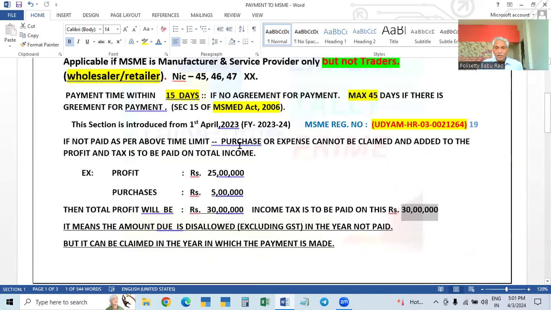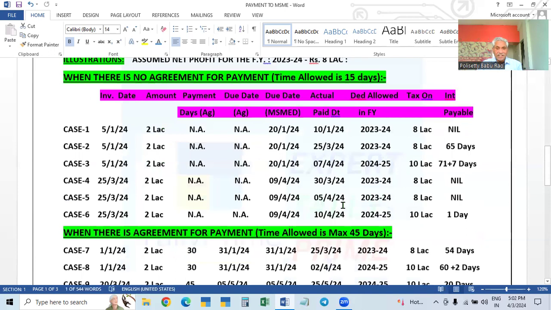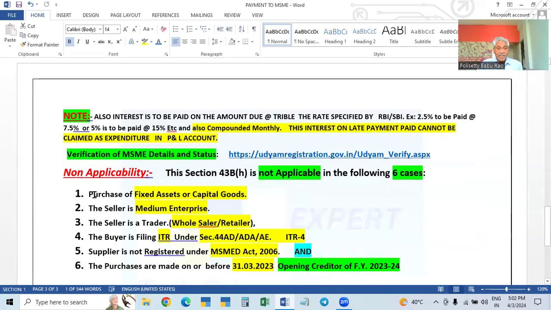And I told you already, manufacturer and service provider only, but not trader. Trader means wholesaler or retailer, purchasing goods and selling goods. Manufacturer means you manufacture the goods. Service provider means you provide service without goods. That's also given here. So one is purchase of fixed assets or capital assets. In that case, section 43BH is not applicable.